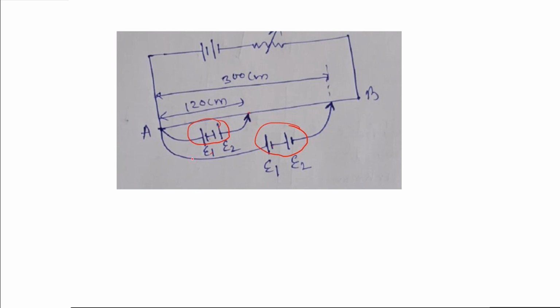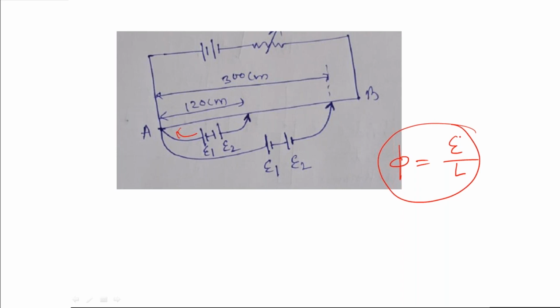Once you get this, let us write Kirchhoff's law for the first case. If I go through the loop this way, let us see what we get. Let us take the potential gradient as phi, that is E by the length of the wire.